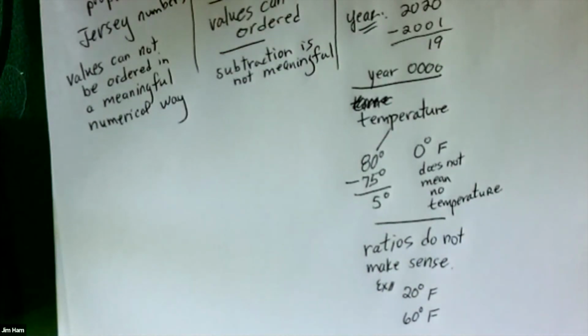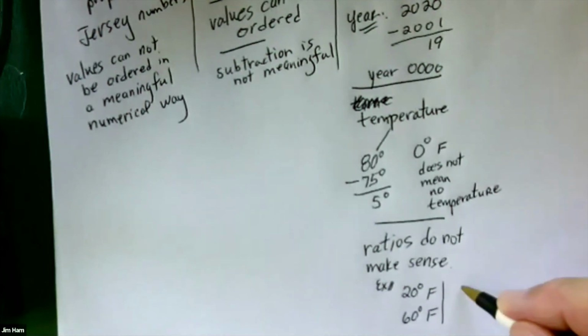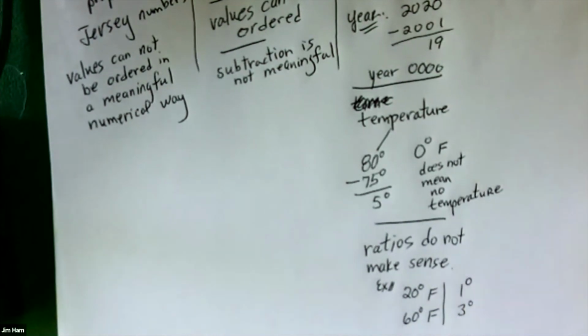One day it's 20 degrees outside, and the other day it's 60 degrees outside. Could we use ratios in terms of so many times as many? Since 20 times 3 is equal to 60, can we say it's 3 times as cold? No, probably not. And if that doesn't convince you, if we go from 1 degree to 3 degrees, is it 3 times as cold? Well, probably not. Ratios do not make sense here.